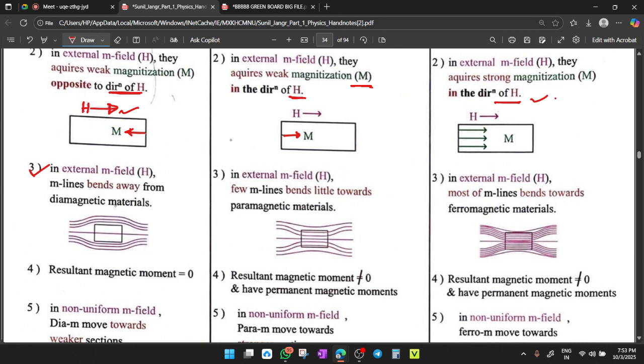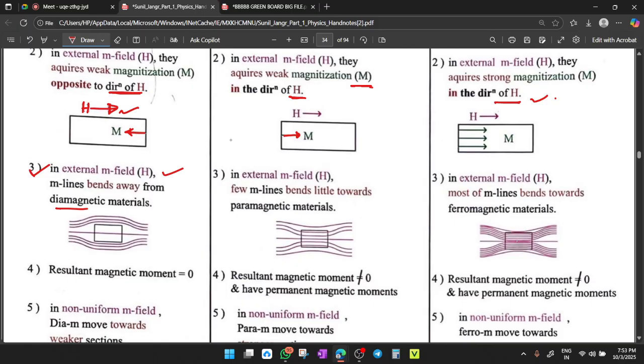In an external magnetic field H, the lines bend away from the diamagnetic material. In a paramagnetic substance, a few magnetic lines bend slightly towards it, and those far away from the magnet just pass by.